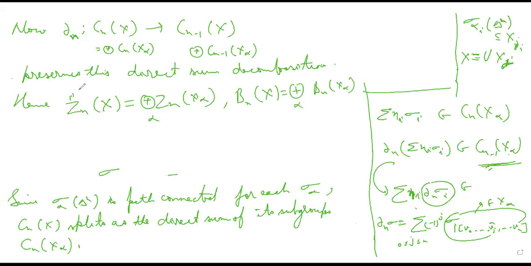This is just the kernel of boundary n, and this is the image of boundary n plus 1. As a consequence of this, we have this.